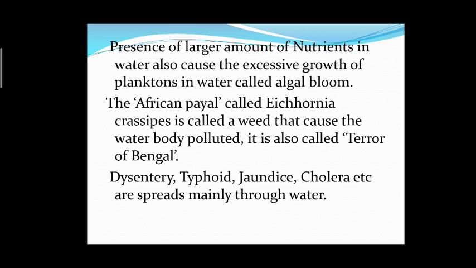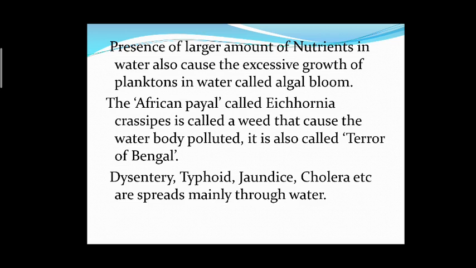Presence of a large amount of nutrients in water also causes the excessive growth of planktons in water called algal bloom. The African plant Eichhornia crassipes is called a weed that causes the water body to be polluted. It is also called terror of Bengal.